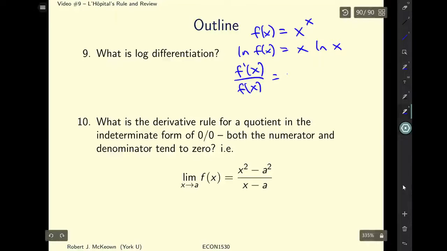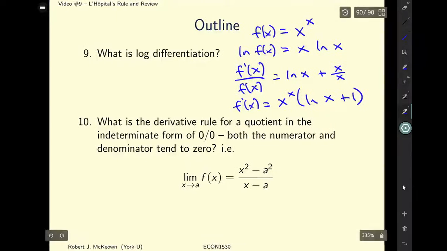We have log x plus x over x, 1. And then we had f prime of x is going to be equal to, I'll do it fast because you can always go back and see all the steps we did earlier.